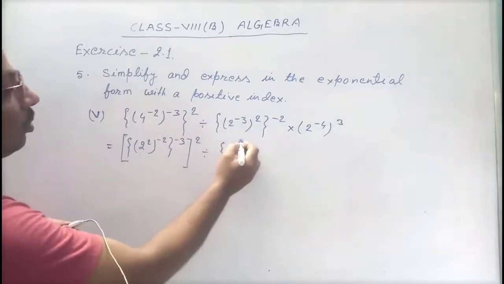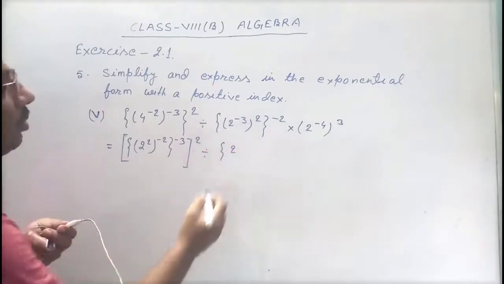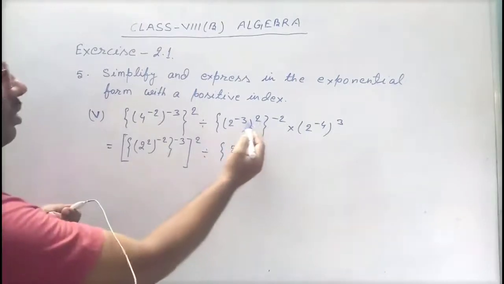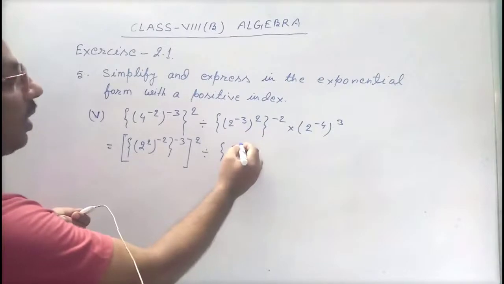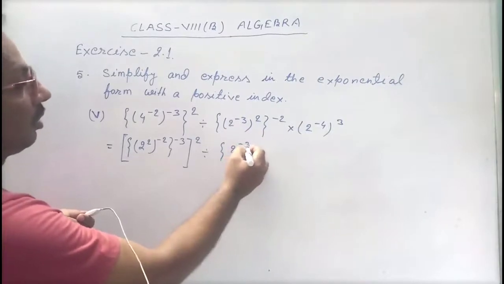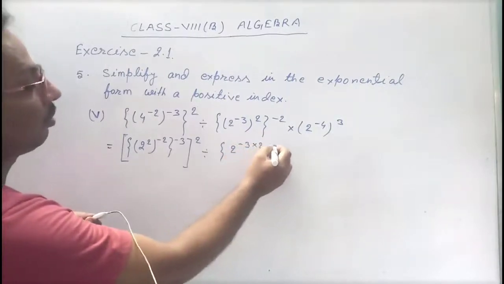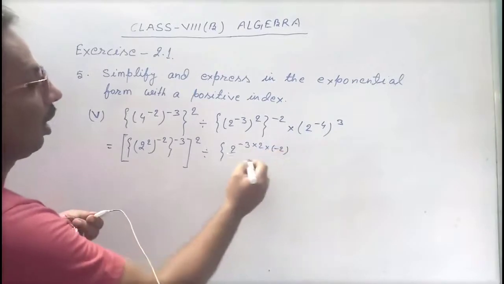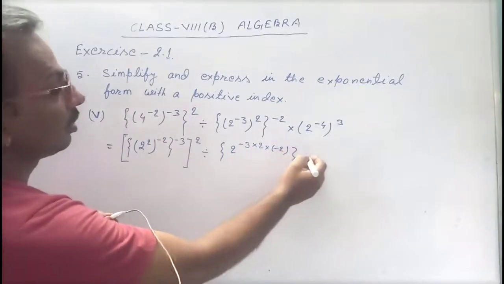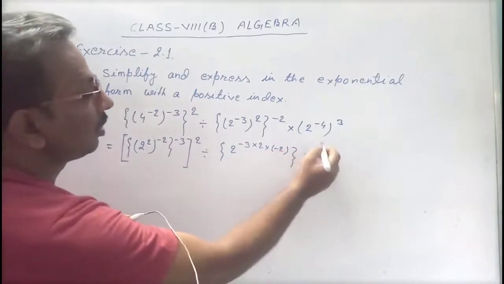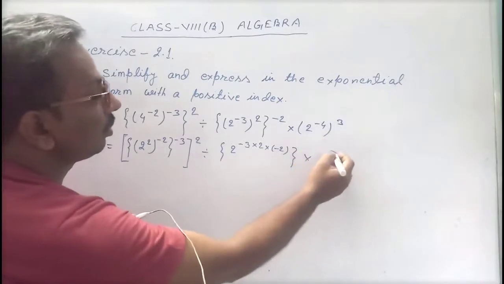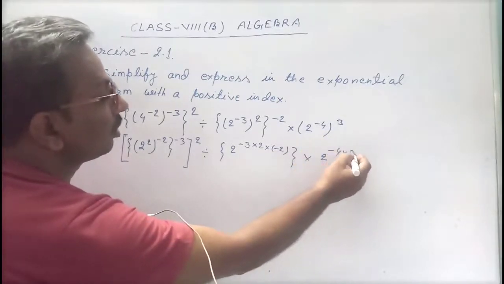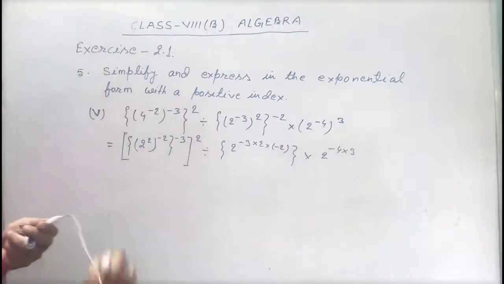At first this 3 will be multiplied, minus 3 into 2 into minus 2, and this one will be written, this 2 will be multiplied, so 2 to the power minus 4 into 3, power upon power, that is multiplied.